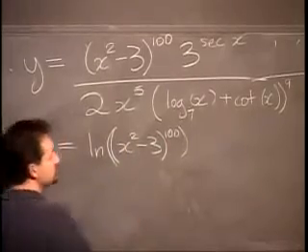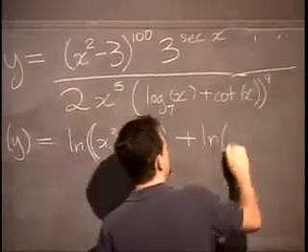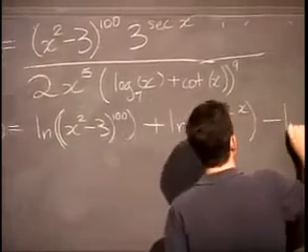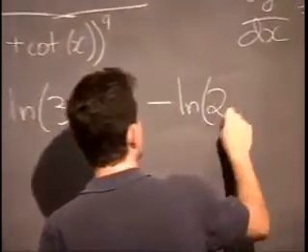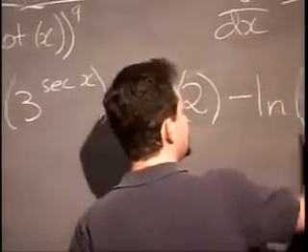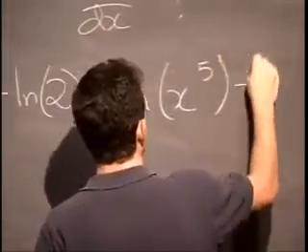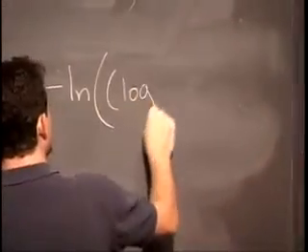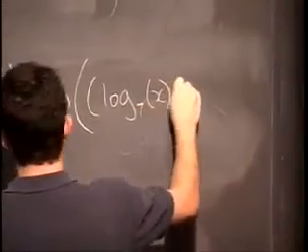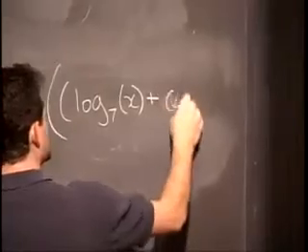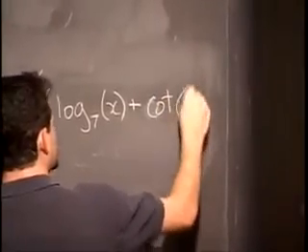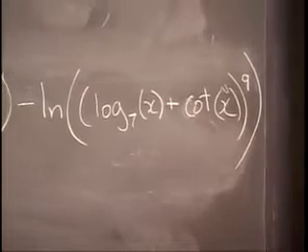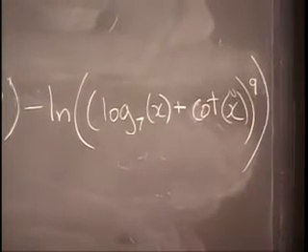Log of the first term plus log of the second term minus log of the first factor on the bottom minus log of the second factor on the bottom minus log of the last factor of the bottom. Okay, it's a bit of a long expression there.